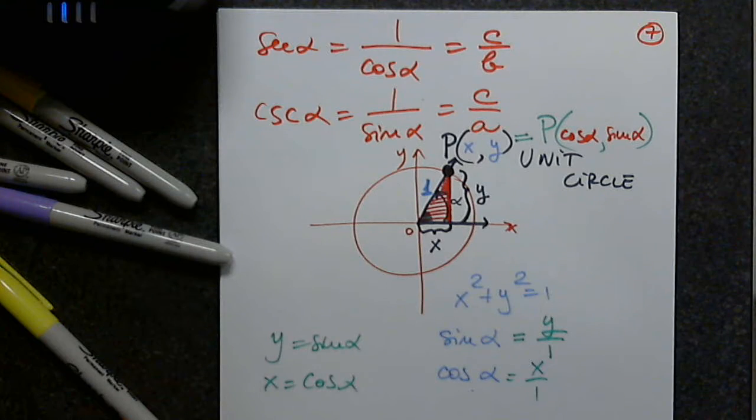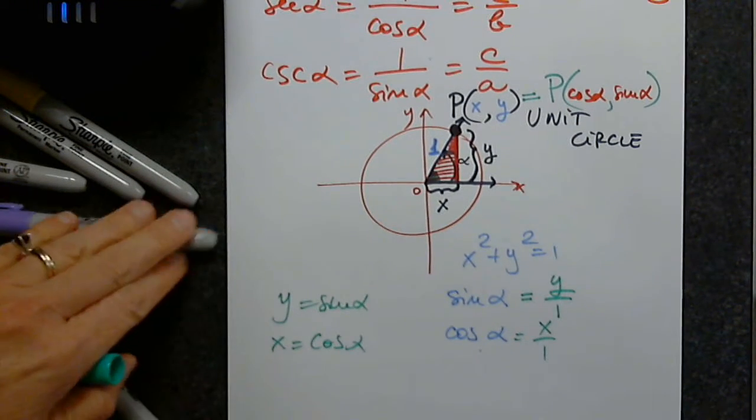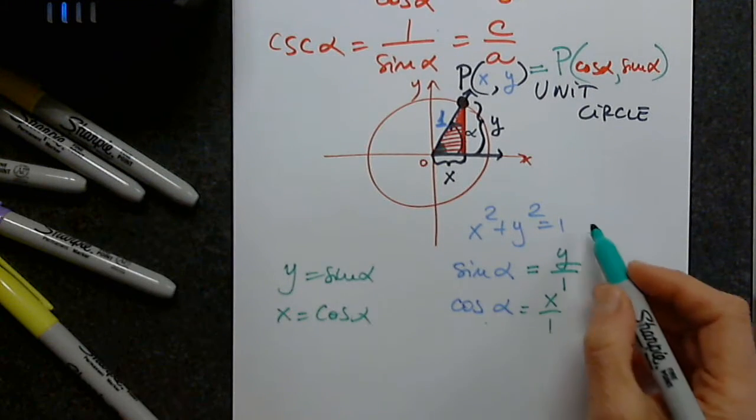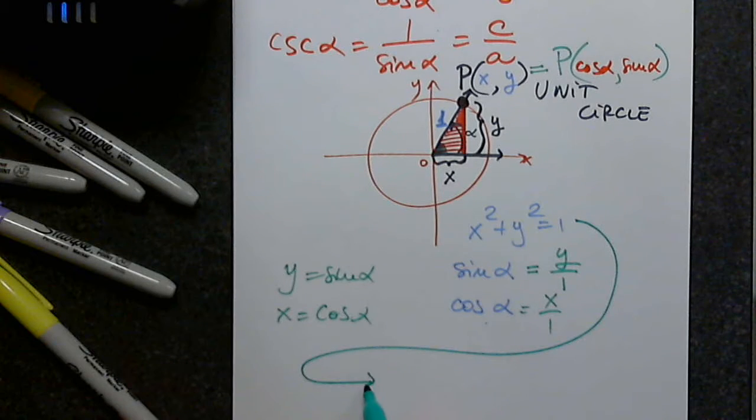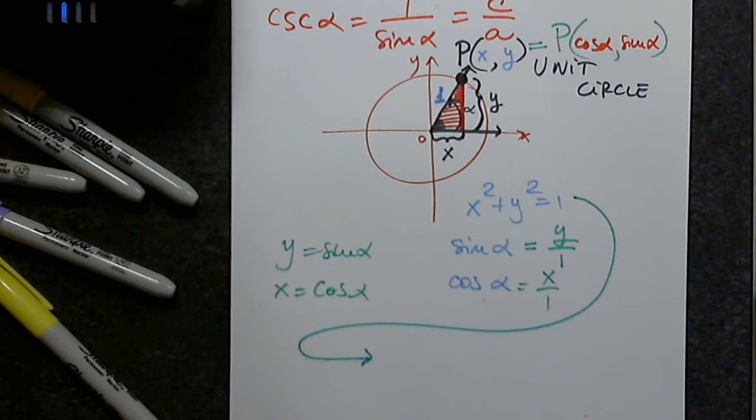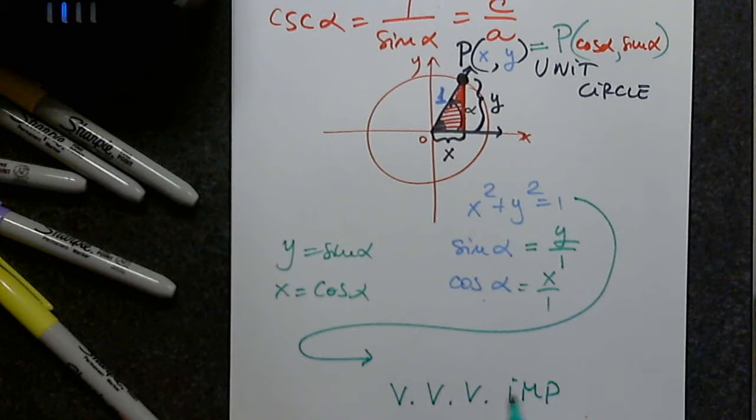And now this is the first and the most important trig identity. Tell me how to write this differently. Yes, sine squared alpha.